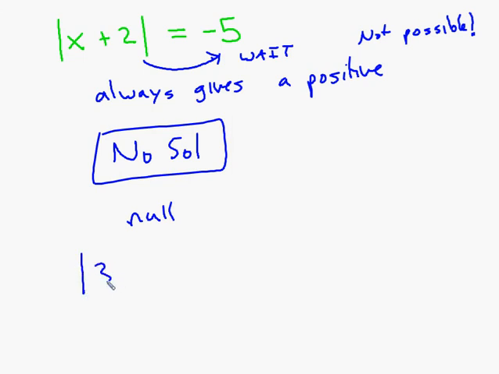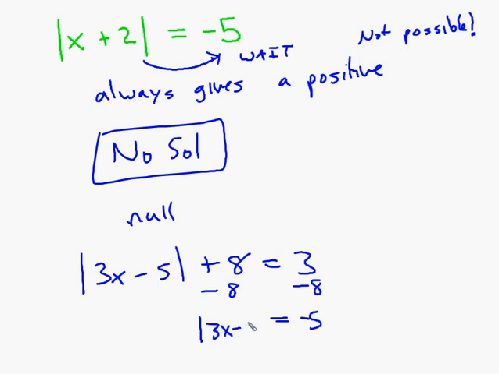They might give you something really complicated, and in the process of solving, you subtract that 8 because you have to isolate your absolute value. Then you get to this step, and you need to recognize that absolute value cannot yield a negative. So I just write at that step, no solution.